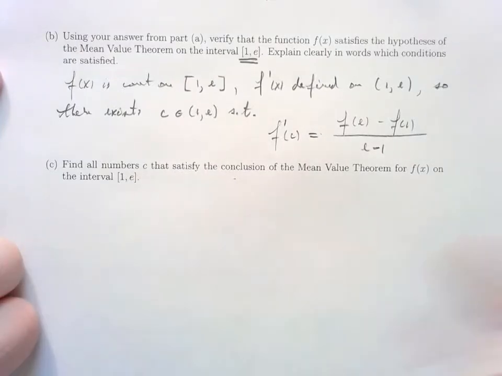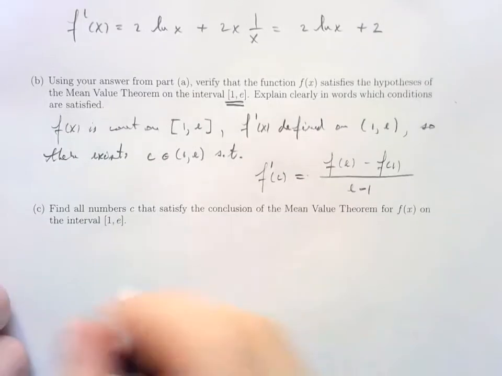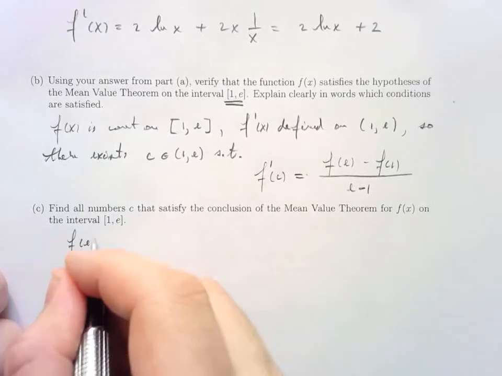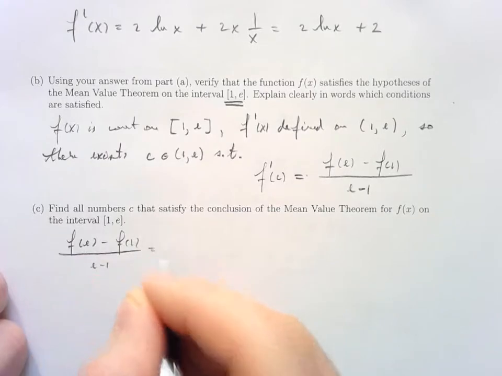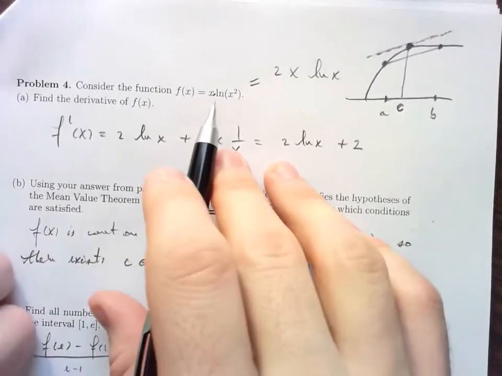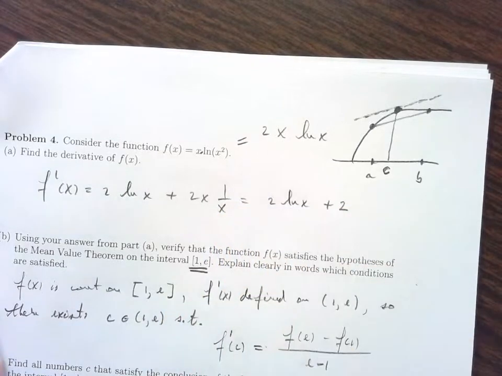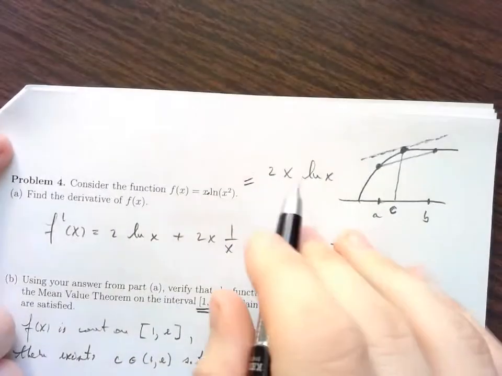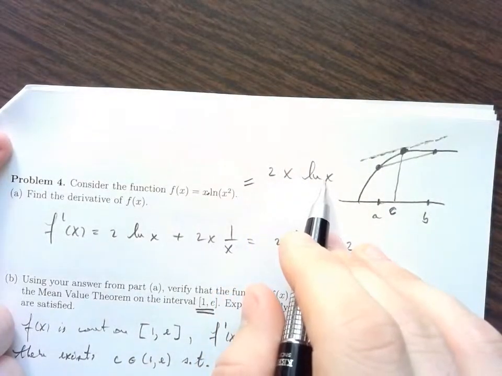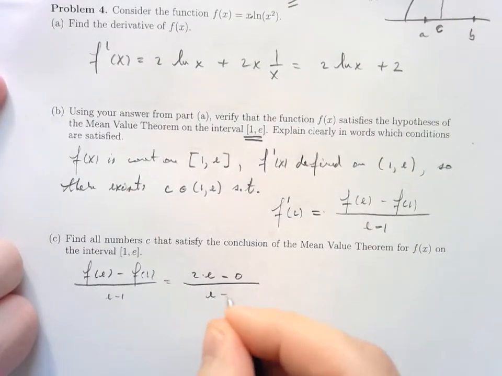So let's see, how do we find this value of c? First I need to figure out what the average rate of change is going to be, so I have to compute f of e minus f of 1 over e minus 1. Now f of e is 2e ln e, so 2 times e, minus f of 1, ln of 1 is 0, so that's just 0, over e minus 1.